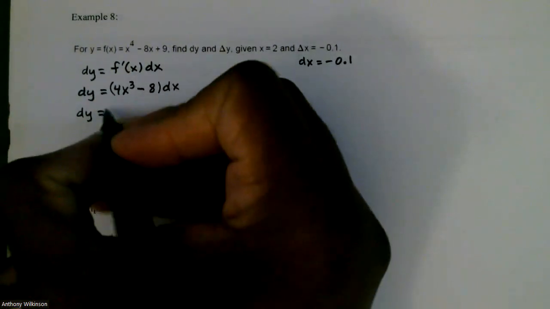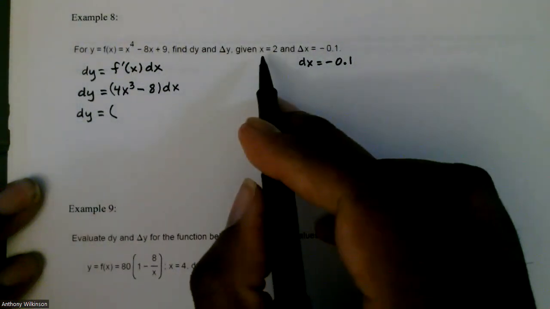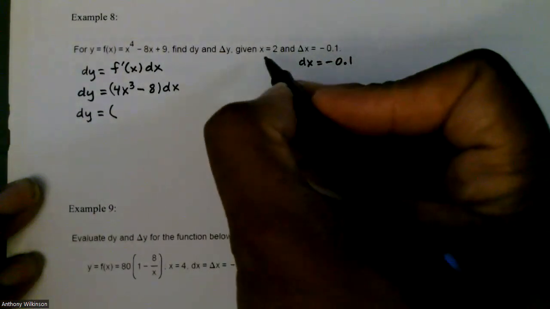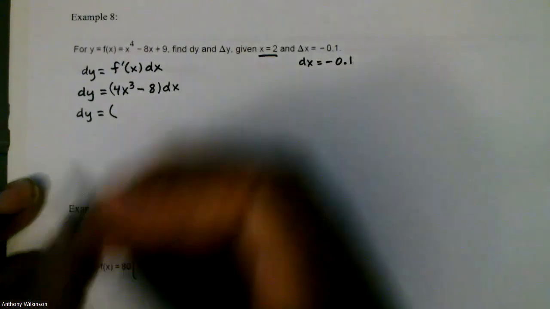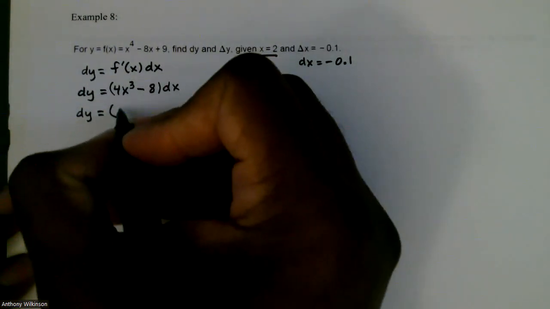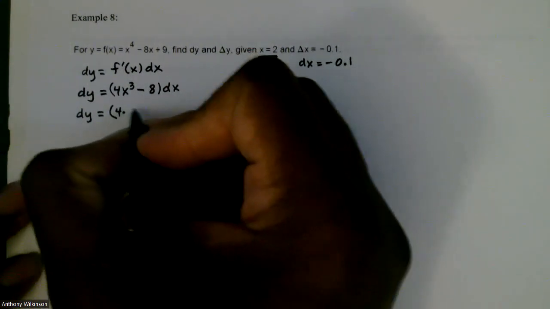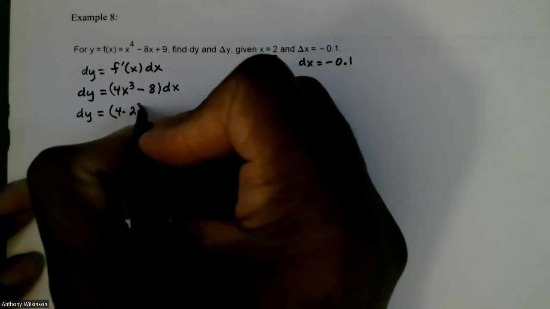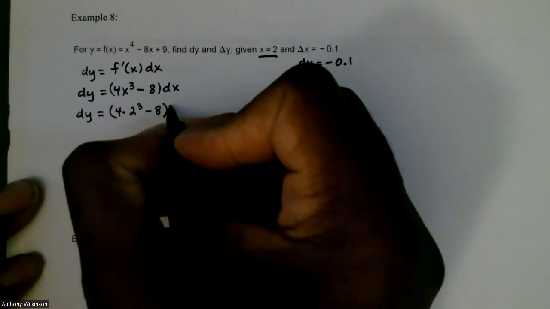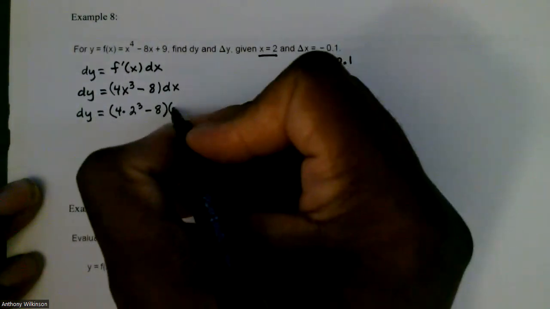So dy then will be equal to, in this case, you're given that x is equal to 2. Here it is, x is equal to 2. So we're going to replace the x in 4x cubed minus 8 with 2. So it'll be 4 times 2 cubed minus 8 times dx, which is negative 0.1.